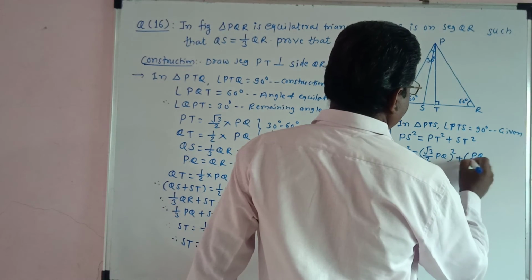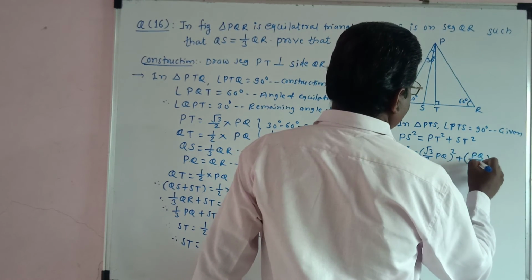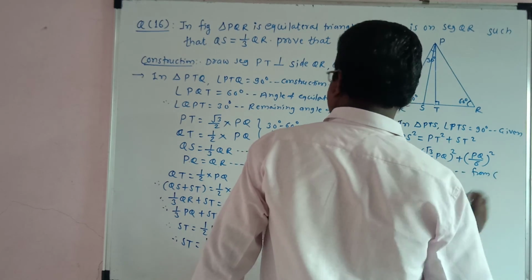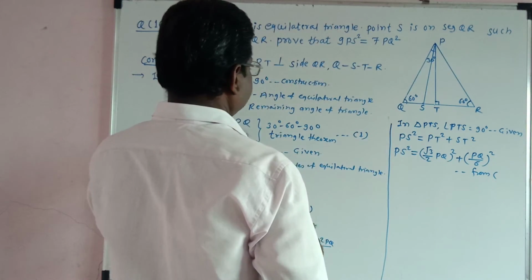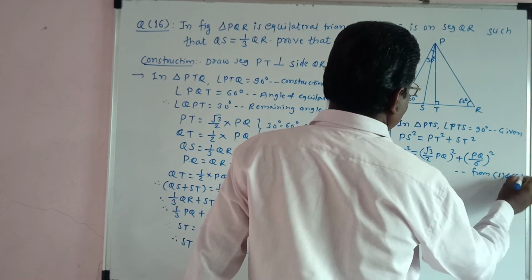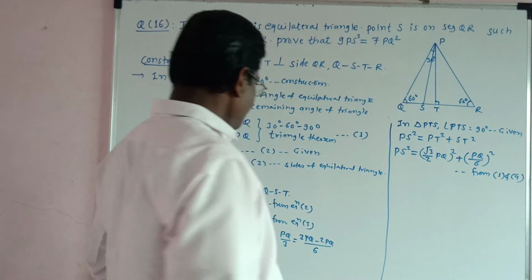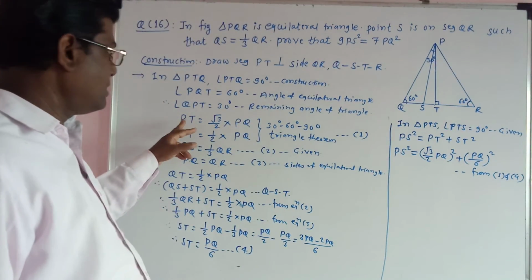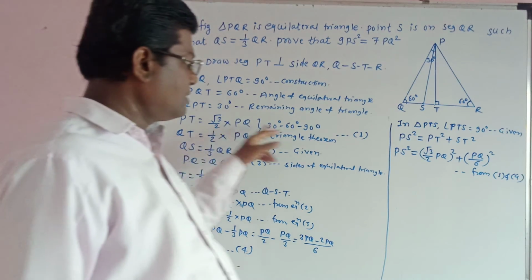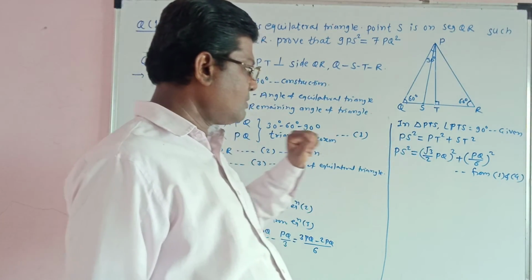PQ upon 6, bracket square. This is from equations 1 and 4. From equation 1, PT is equal to root 3 upon 2 PQ.